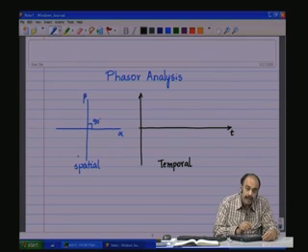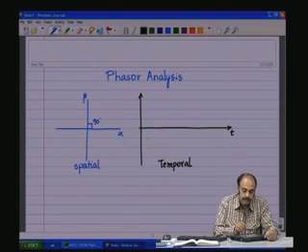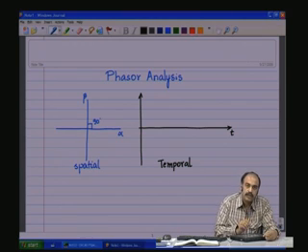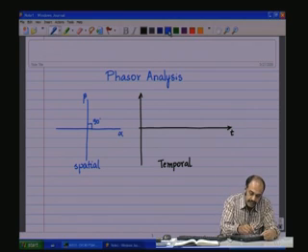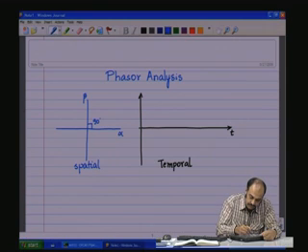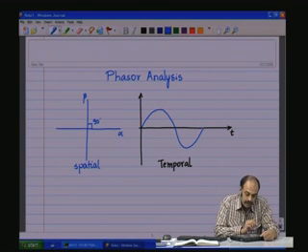Now, we have to map the temporal wave shape, that is the time wave shape, the wave shape that is evolving with time, into the spatial coordinates, and then we obtain the space vectors or the space phasors. So, let us take a sine wave. We have a sine wave here.